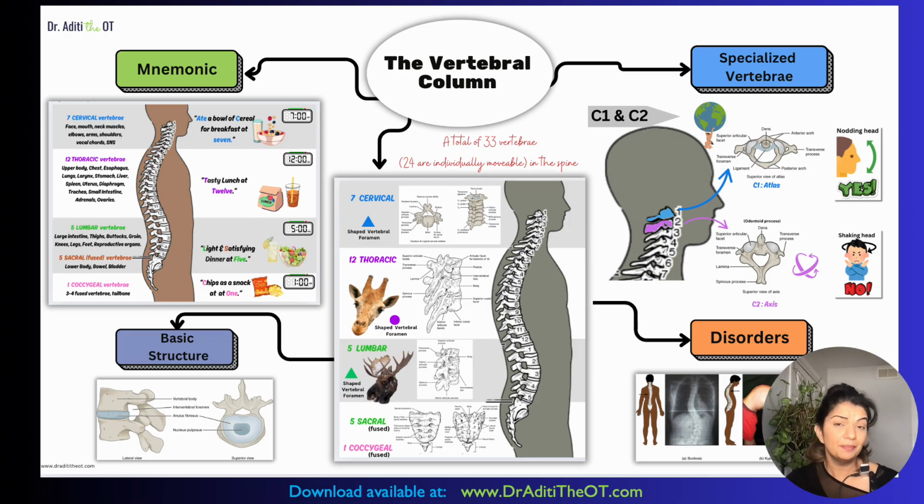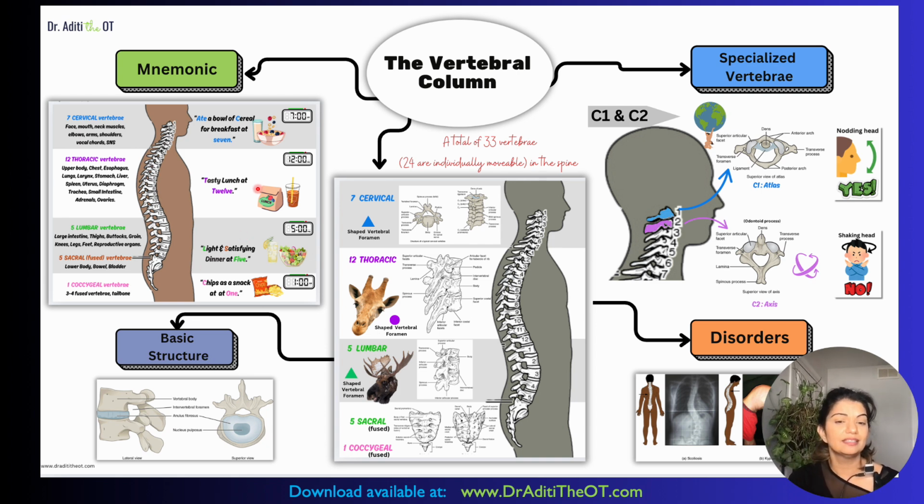A quick recap using our mind map of the vertebral column. There are a total of 33 vertebrae, but they're delineated as 24 vertebrae, and then the sacrum and coccyx, which have more fused vertebrae. And then we have a mnemonic for you on the other side, and this helps you remember the regions of the vertebrae and the number.